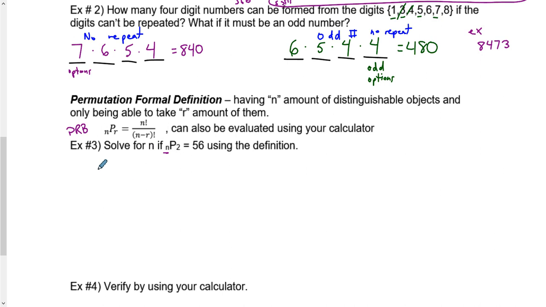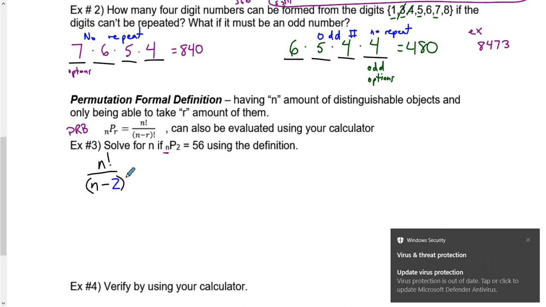If you hear that, I apologize. But n factorial, the n is just going for the n. So n, the r value, so this r value is 2 in this case. And that's going to equal 56.